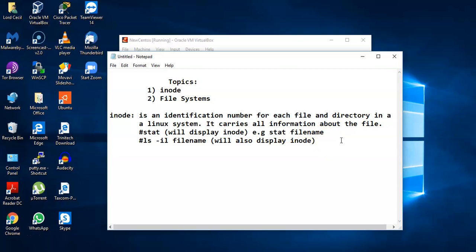So the second topic, after inodes, is another major topic: the Linux file system.